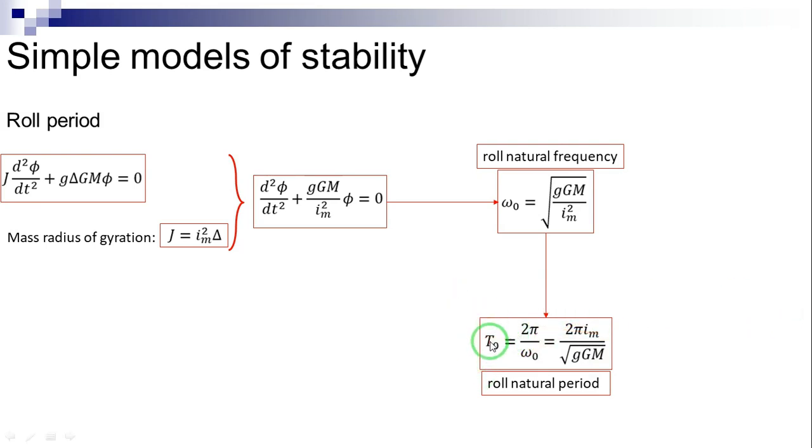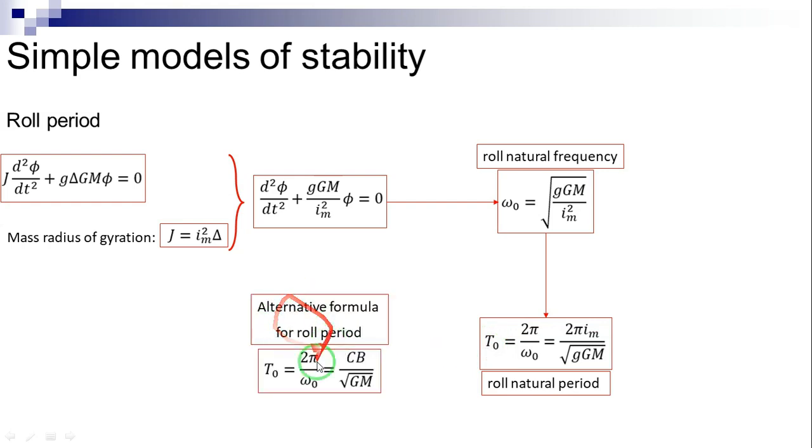Note that the roll period can also be found using this equation, where C is the roll constant and B is the beam of ship. The constant can be obtained after the calculation of GM through inclining experiments, which will be covered later here. Thus, while a large metacentric height is good for stability, it may be necessary to impose certain limits on it.